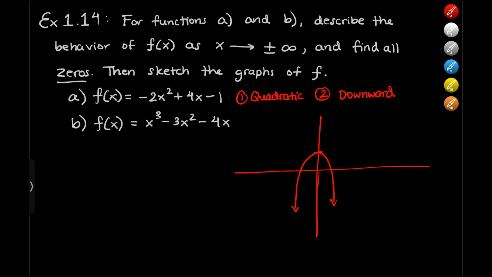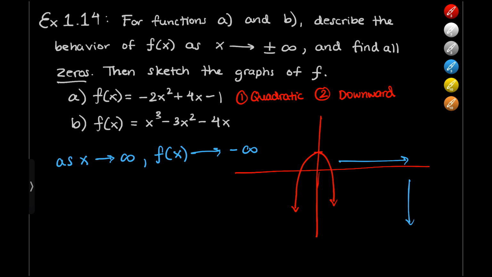We can say that as x approaches infinity, f of x approaches negative infinity, because as you go this way to infinity, the function goes all the way down to negative infinity.